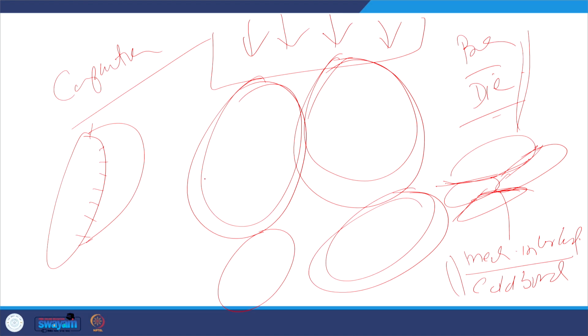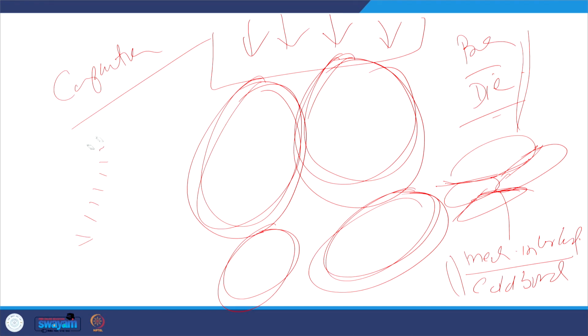It is difficult to deform spherical powder particles to facilitate mechanical interlocking, as compared to irregular shape powder particles. If the particles are already irregular, then the mechanical interlocking and bonding between them will be far better. So, this is one aspect.